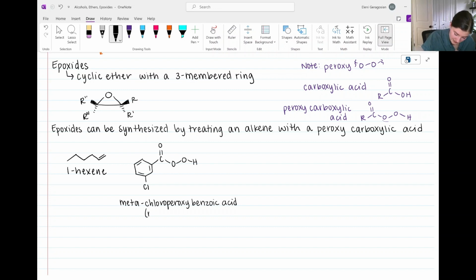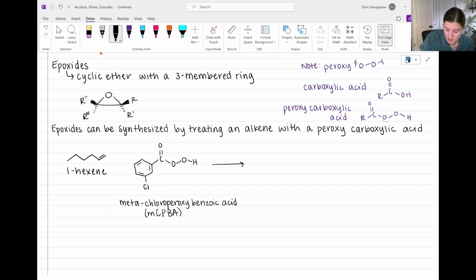For short, this is abbreviated as lowercase m, and then capital CPBA. Chloroperoxybenzoic acid, and the lowercase m is for meta. So this is a peroxycarboxylic acid.